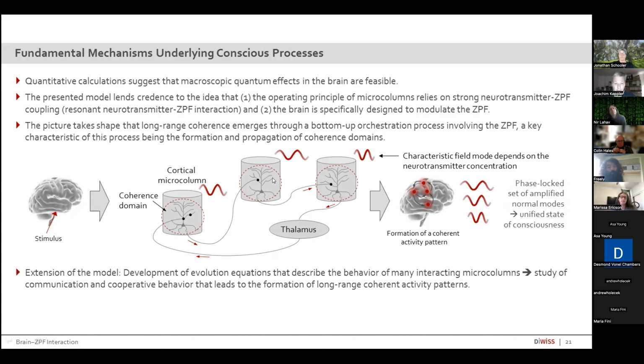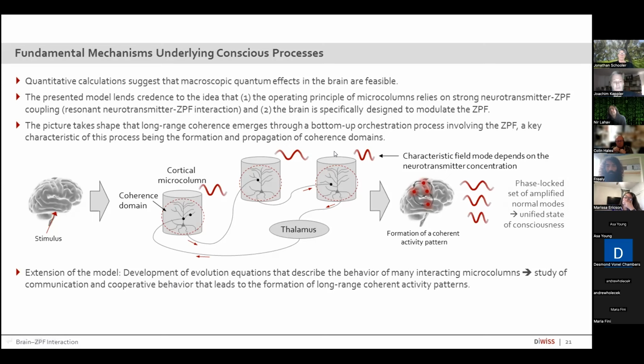So far, what I showed you today deals with the functioning of individual microcolumns. And the next natural extension for the next year of the model would be the development of evolution equations that describe not only a single microcolumn, but the behavior of many interacting microcolumns.